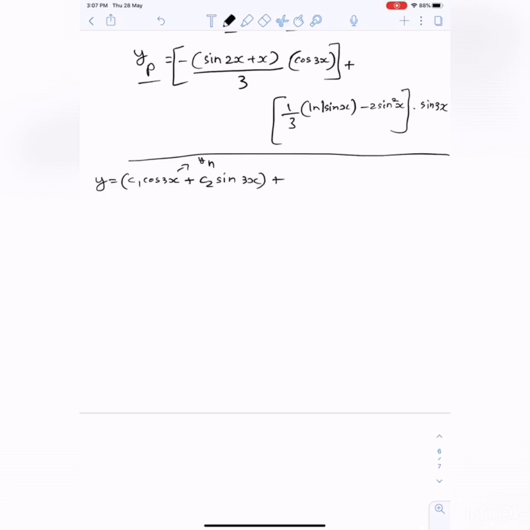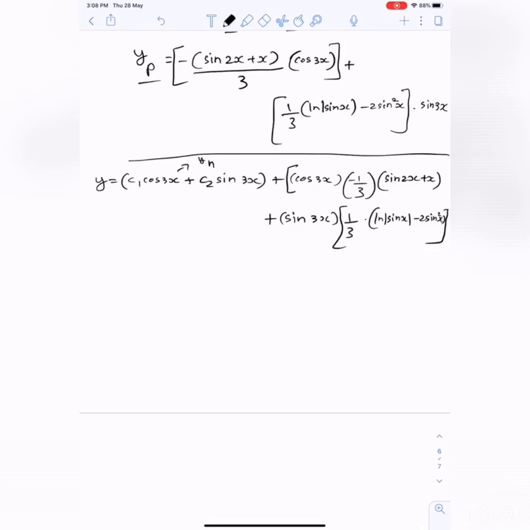Our y particular is right over here. So that would be plus cos 3x times negative 1 over 3 times sine 2x plus x, plus sine 3x times 1 over 3 times ln mod of sin x minus 2 sine square x.